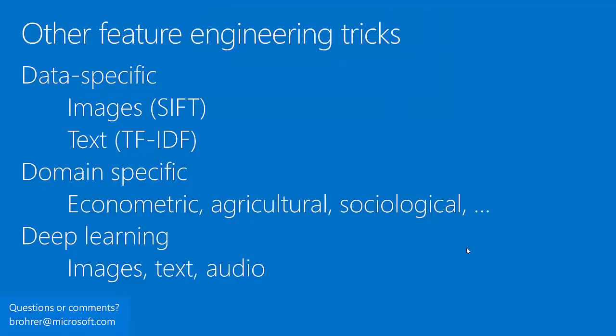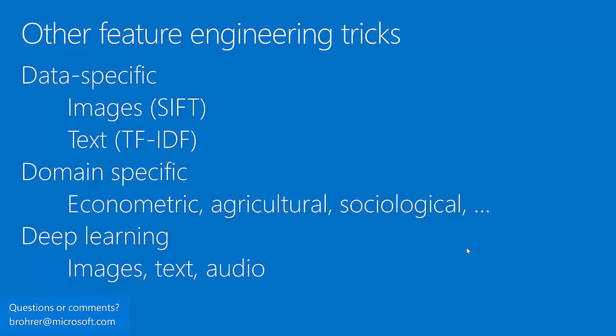There are lots of different ways to do feature engineering. Some of them are data specific. They take advantage of the fact that with certain types of data, like images, interesting information is stored in repeatable ways. Similarly with text, you can look at the frequency that words occur and divide that or scale that by the inverse document frequency.